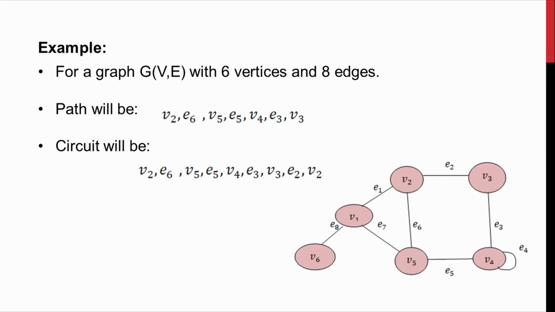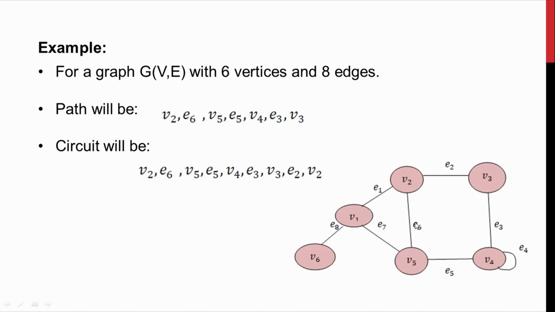So here we have an example for the path and circuit. In this example we have the graph G with V vertices and E edges. Here there are 6 vertices and 8 edges: V1, V2, V3, V4, V5, V6 are the vertices, and the edges are E1 to E8. The path will be from V2 to V5.